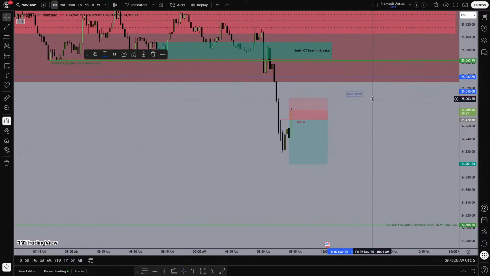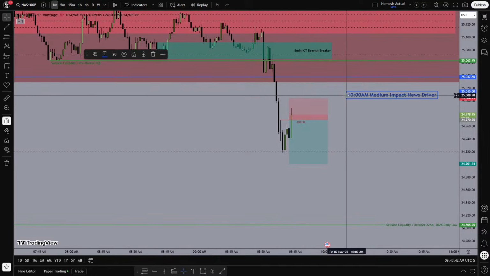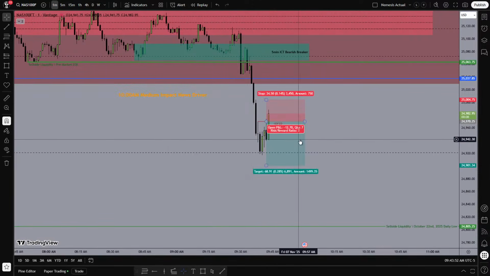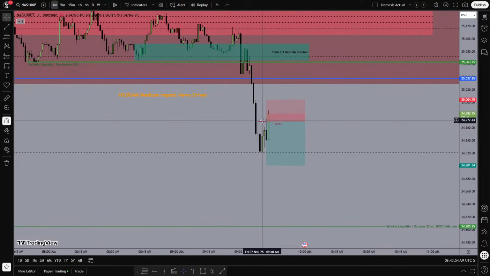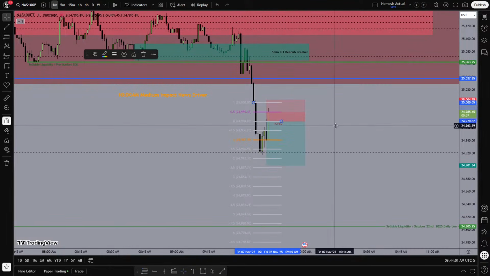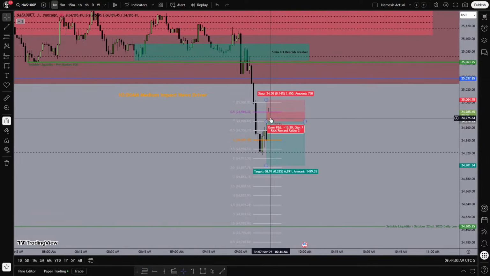So if I was actually in a trade, this candle will have to expand and just quickly overlap all of this range.